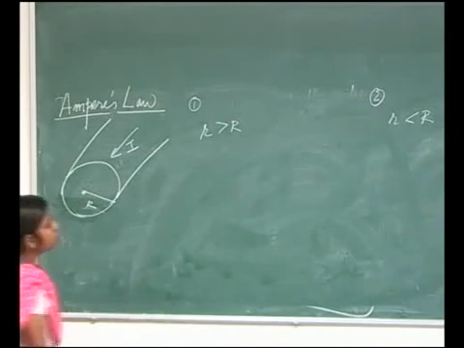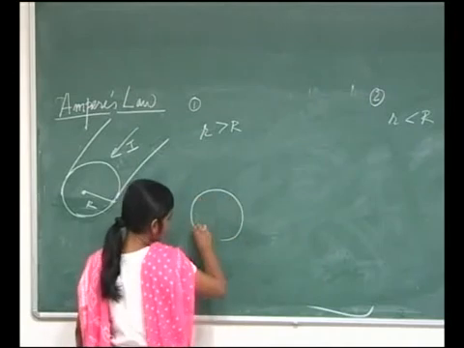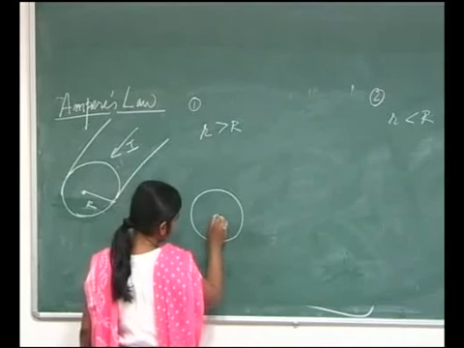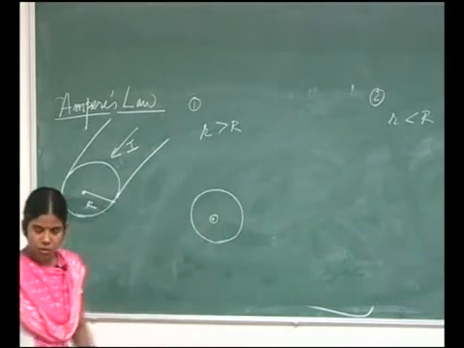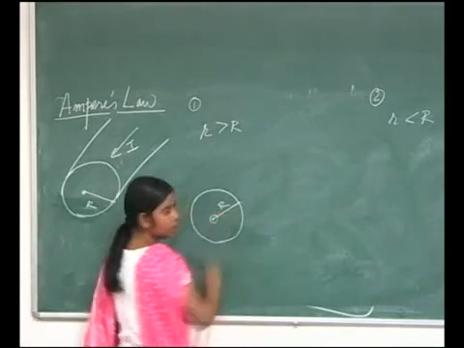So I draw a surface here. Current is coming out of this surface, and this is R, given.